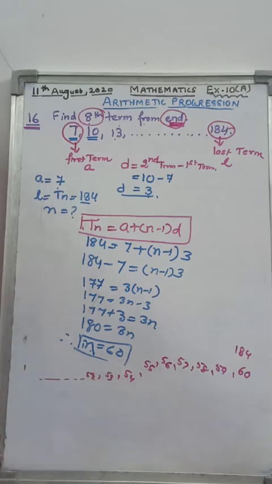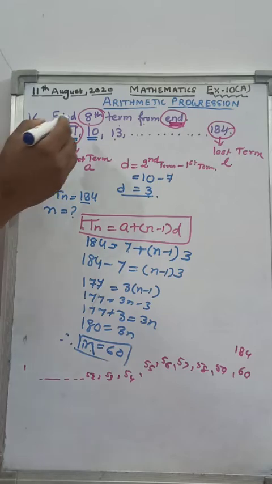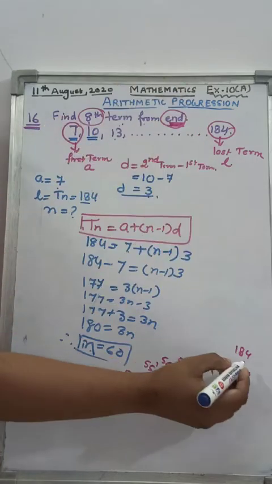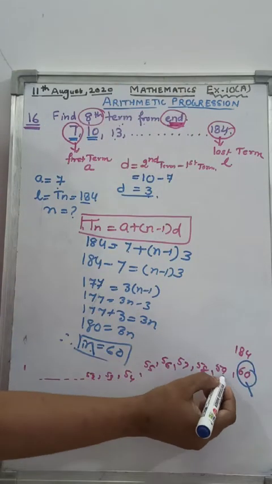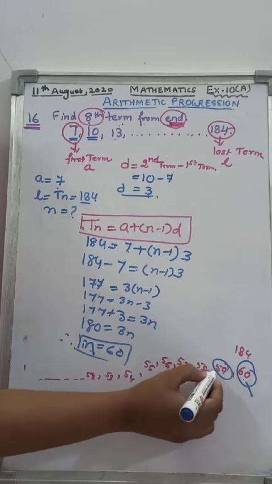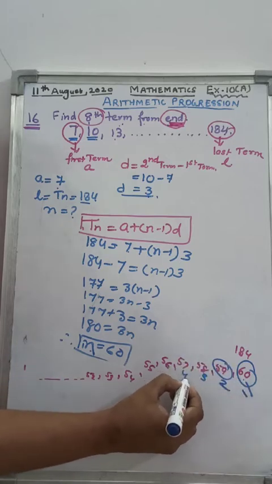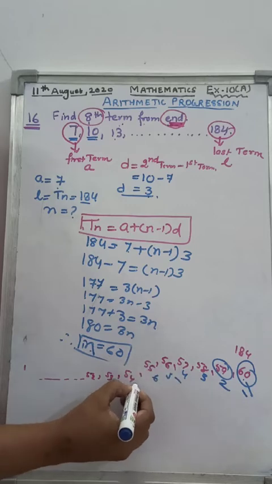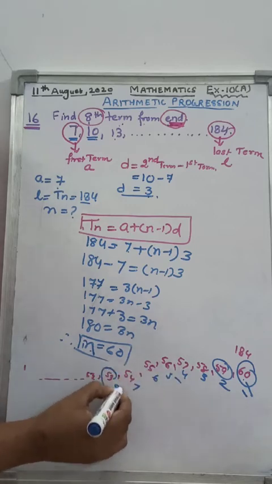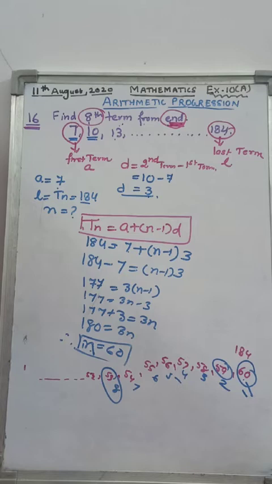Now let's see how to find the 8th term from the end. This is your last term, 60. From the last: first, second, third, fourth, fifth, sixth, seventh, eighth. This is your 8th term from the last.